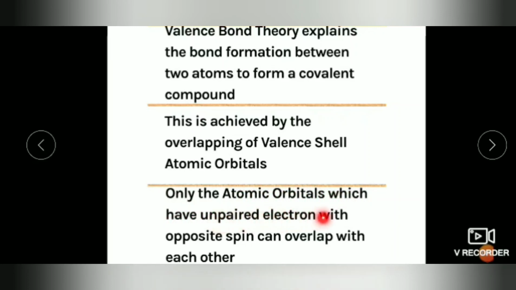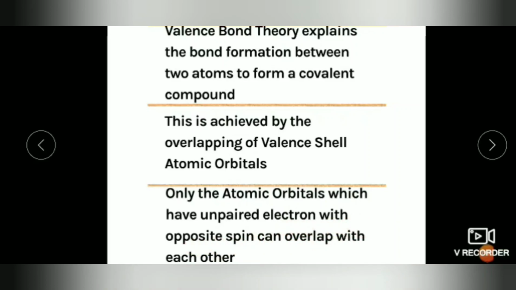It gives information that atomic orbitals having unpaired electrons with opposite spin can overlap with each other. It tells whether two atoms are held together by mutual sharing or by ionic bonding.